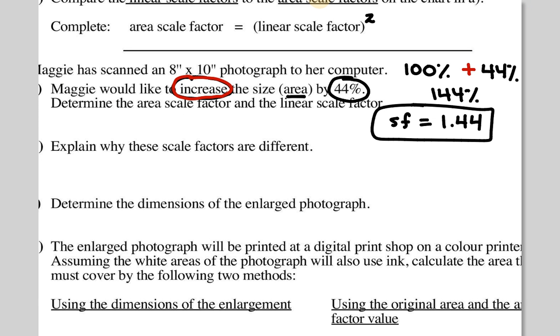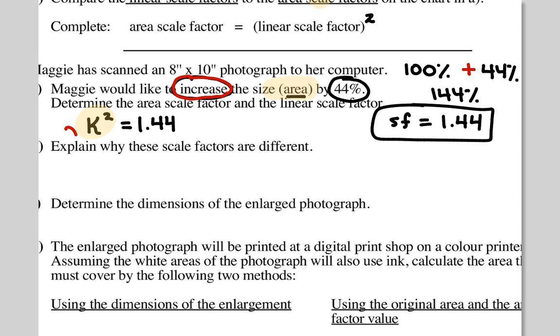All right, this is how I'd want you to write this. k squared is equal to 1.44 because they said that we want to increase the area by 44%. So because it says area, k squared is 1.44.